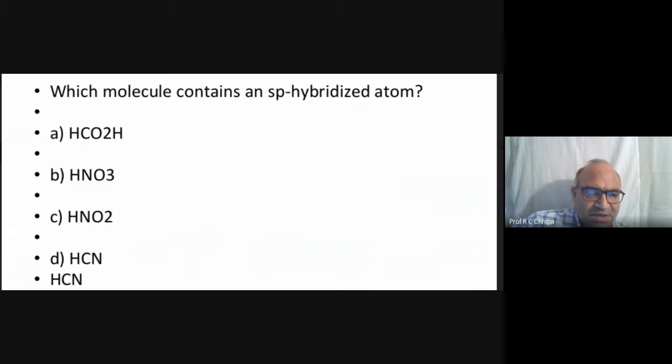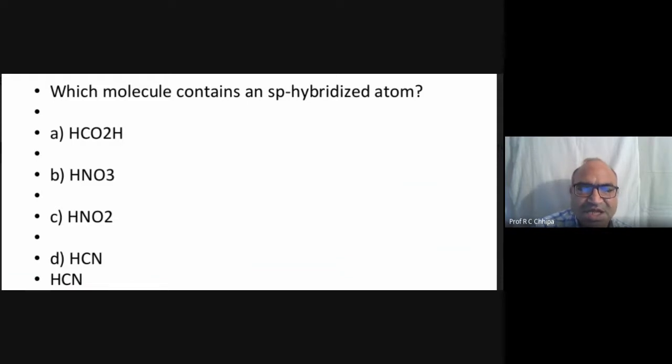Here, what do we have? The first one, HCOOH, formic acid, methanoic acid, choice A. Can we say that sp hybrid orbitals are present in methanoic acid?